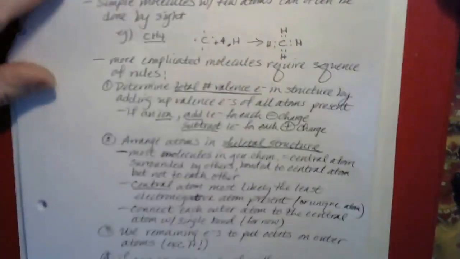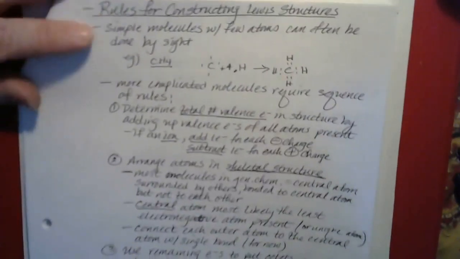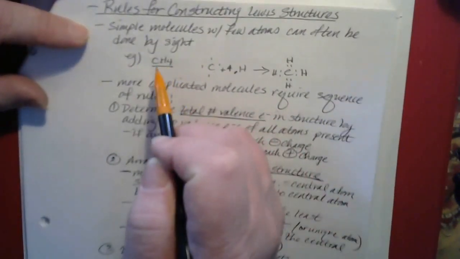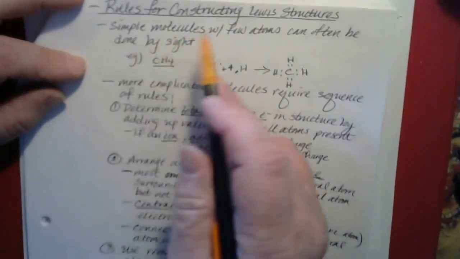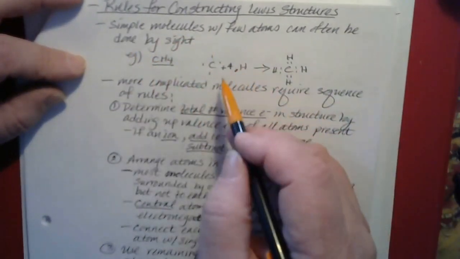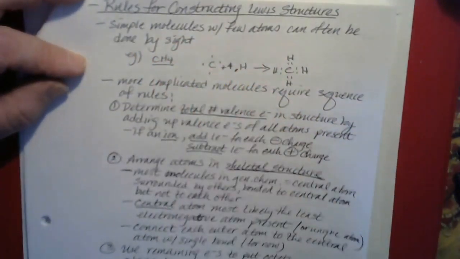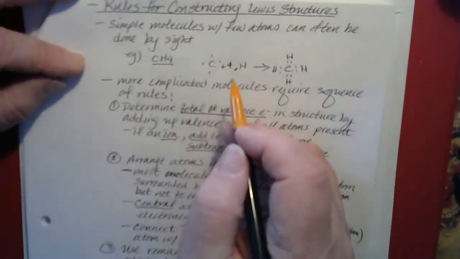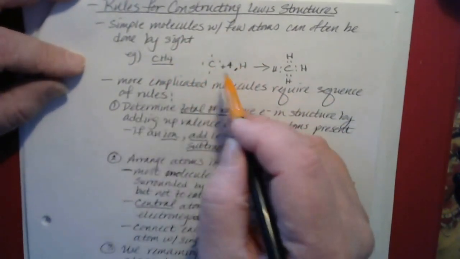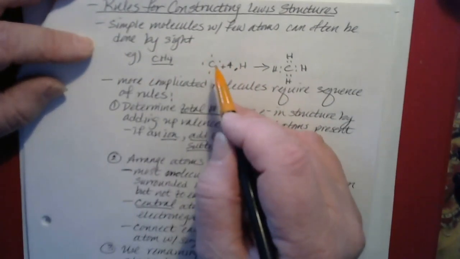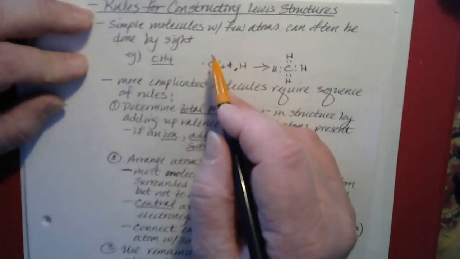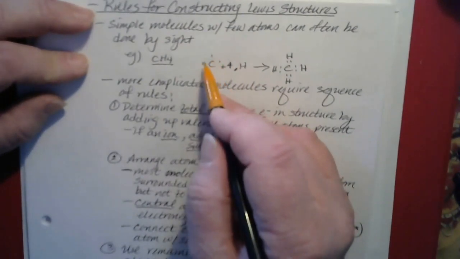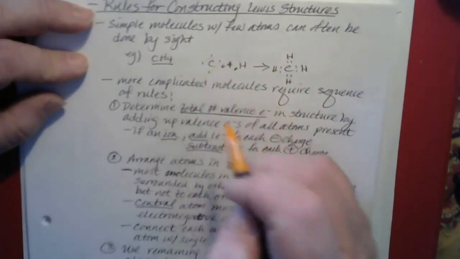Okay, so a lot of times, some of the simpler Lewis structures, like in Cl2 or HCl or CH4, can just be put together by inspection. So if you want to connect one carbon with 4 hydrogens, you just draw the Lewis structure for carbon, which if you draw it the preferable way, would be carbon surrounded by 4 separate dots, one on each side.